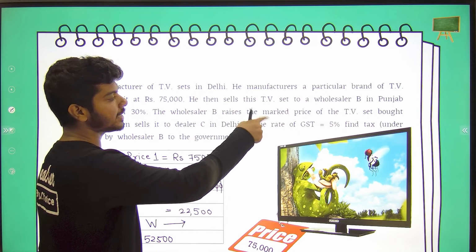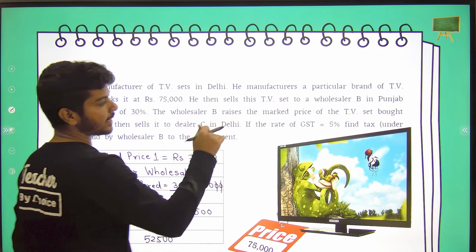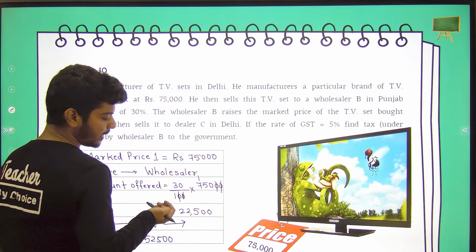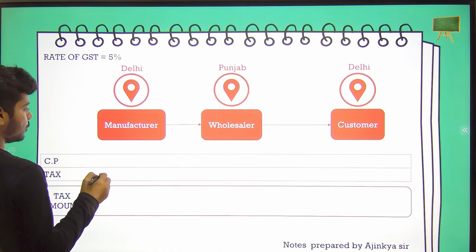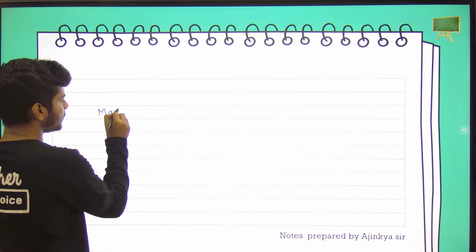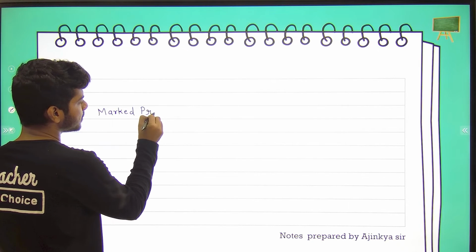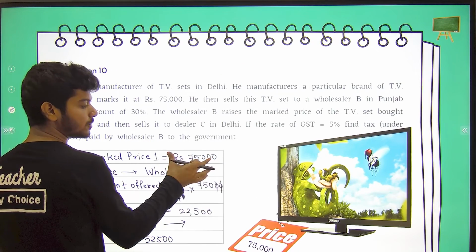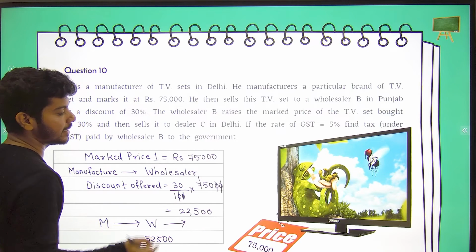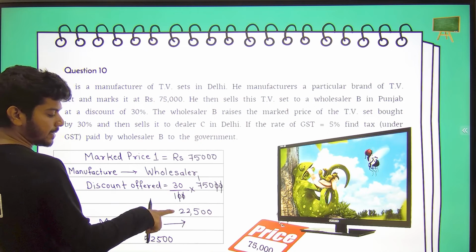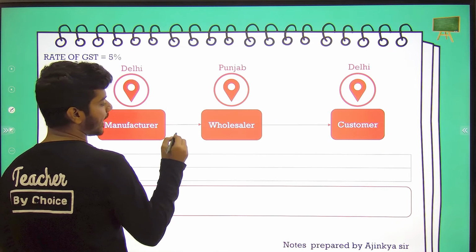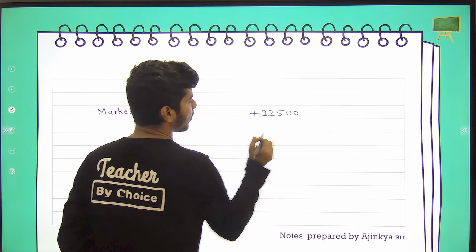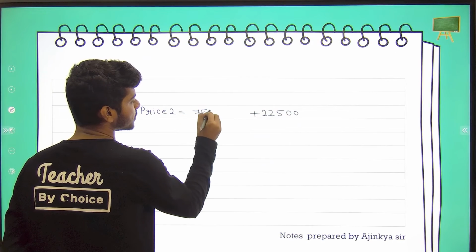The wholesaler B raises the mark price of the TV set bought by 30%. He changes the mark price. Now we will have mark price 2, which is equal to the original mark price increased by 30%. So 75,000 plus 30% increase means this 22,500 would be added on the initial mark price 75,000.